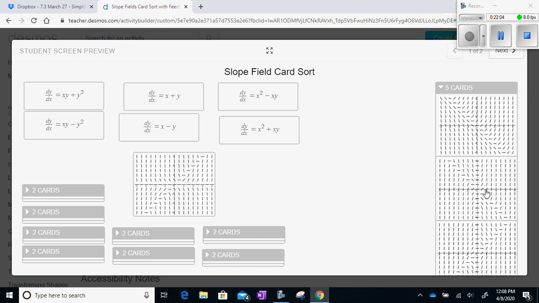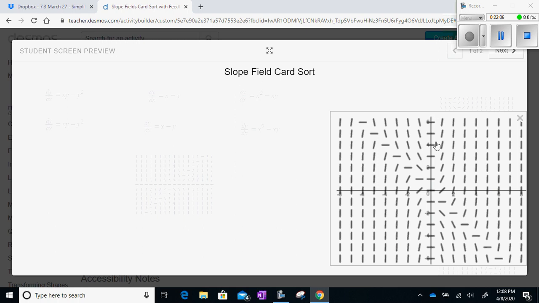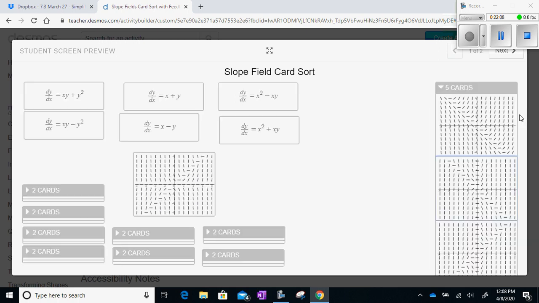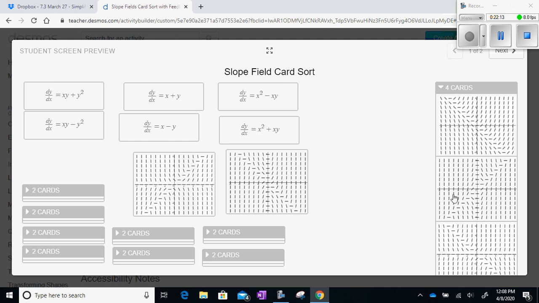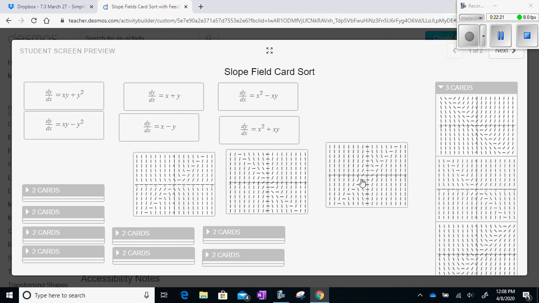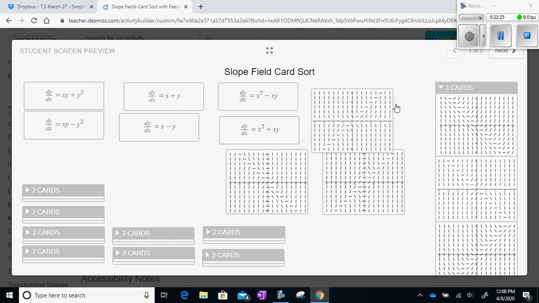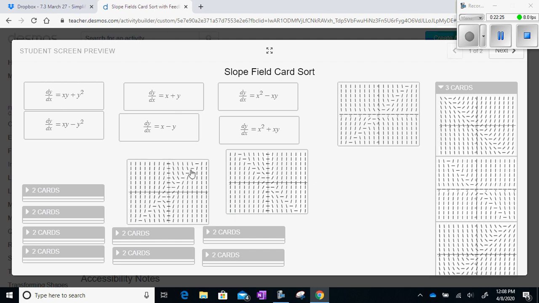Anything conspicuous? Yeah, I see up and down here I have a slope field at x equals 0. I'm going to pull this over. That's kind of silly. I have a slope of 0 in this slope field when x equals 0. Same thing here. Let's see, not the case up here, is it? So let's get this one over.